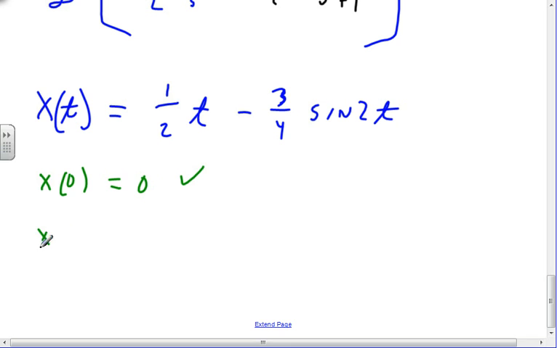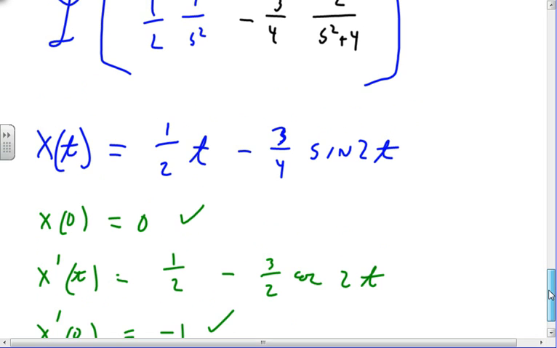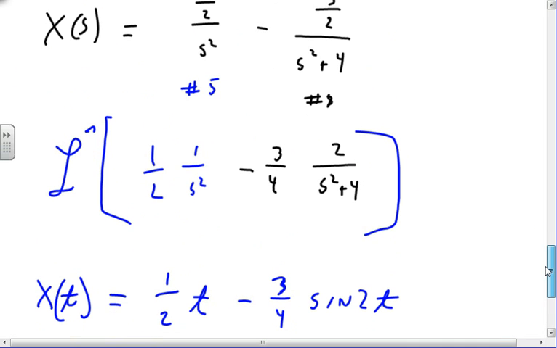Check. X prime of t is equal to 1/2 minus 3/2 cosine 2t. X prime at 0 is supposed to be minus 1. It is. Check. So we're not sure that that's the real solution yet, but at least it passed the initial conditions. So the first idiot check, it passed. We'll have to check it more later. But if it didn't pass that check, then we know we can't go on.